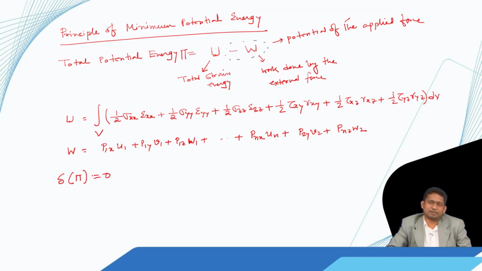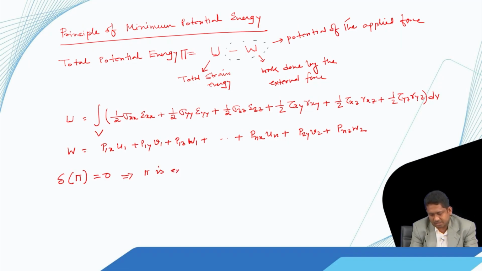Due to the applied force, there are different possibilities of deformed shape being created, but out of those it chooses that deformed shape at which this quantity pi, which is a combination of U and minus W, is minimum. So, this resembles that pi is an extremum.